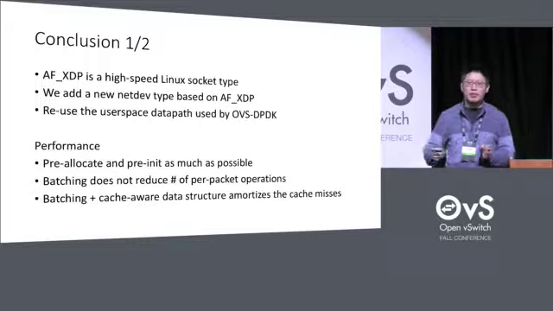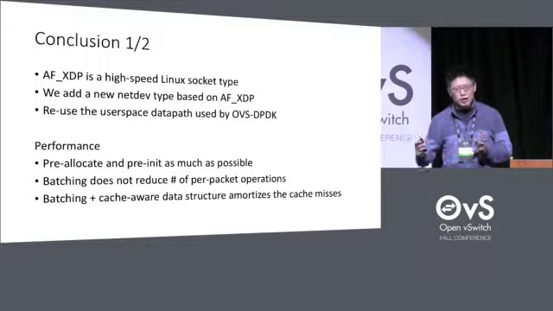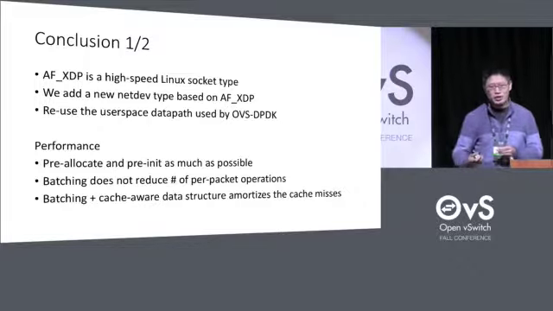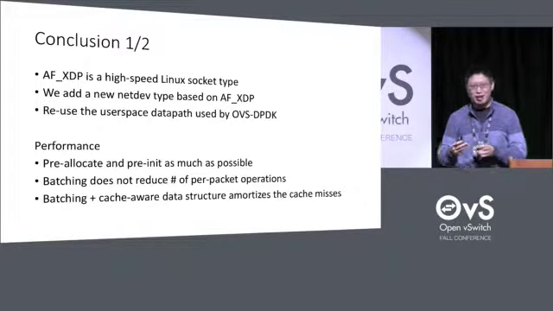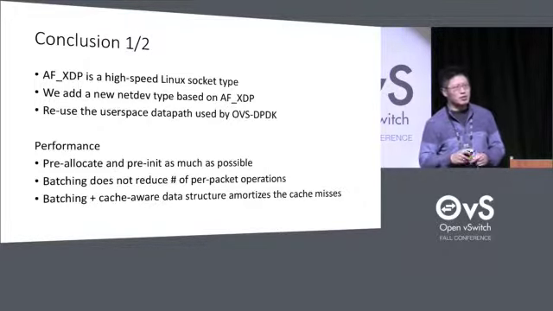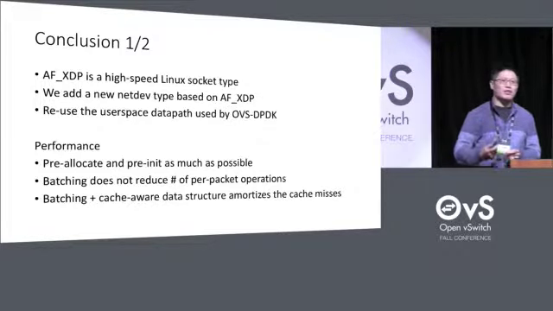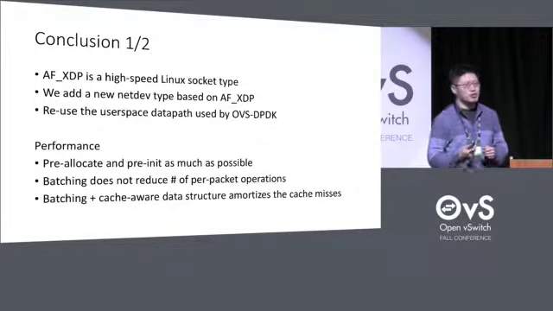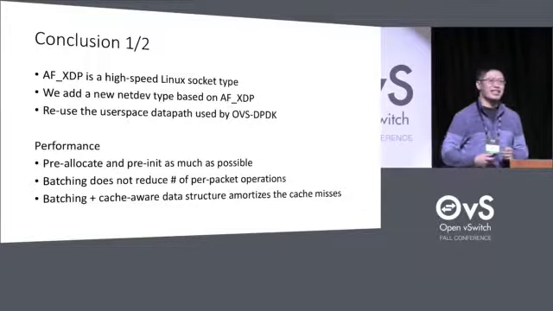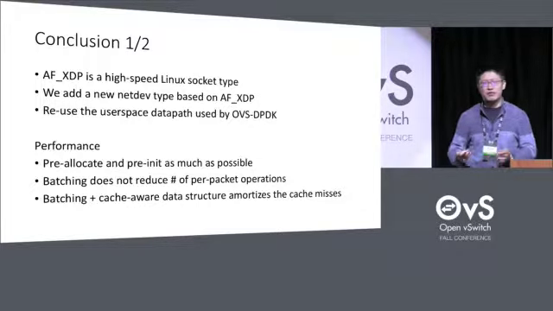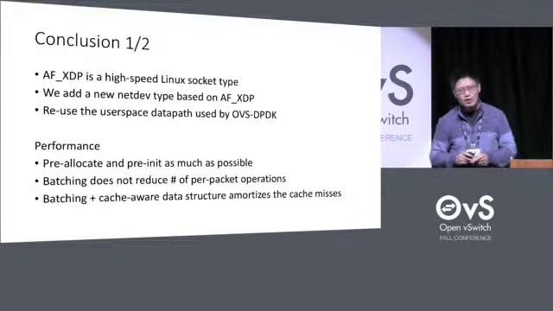Batching does not. But batching plus a cache-aware data structure can amortize the cache misses, so that we only pay the overhead of cache misses for the first packet, and then the subsequent packets can benefit from the cache line there.